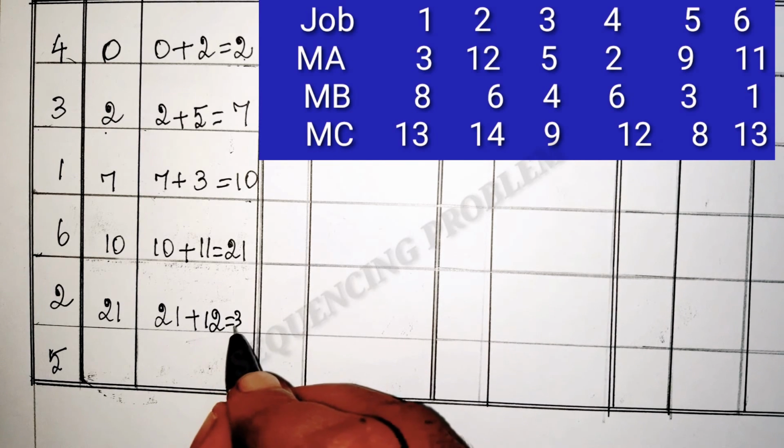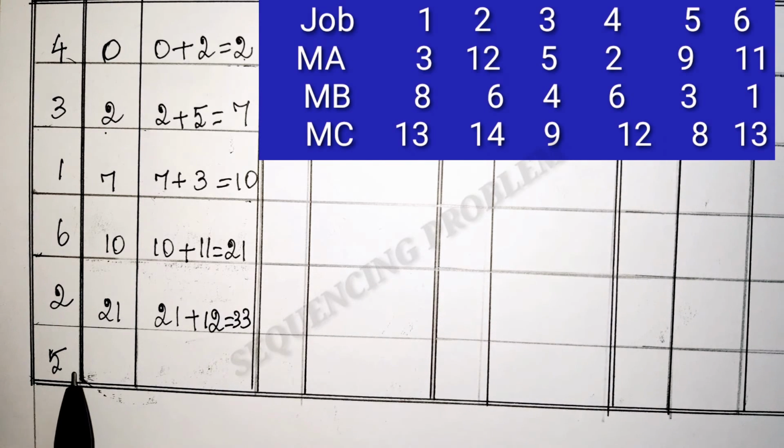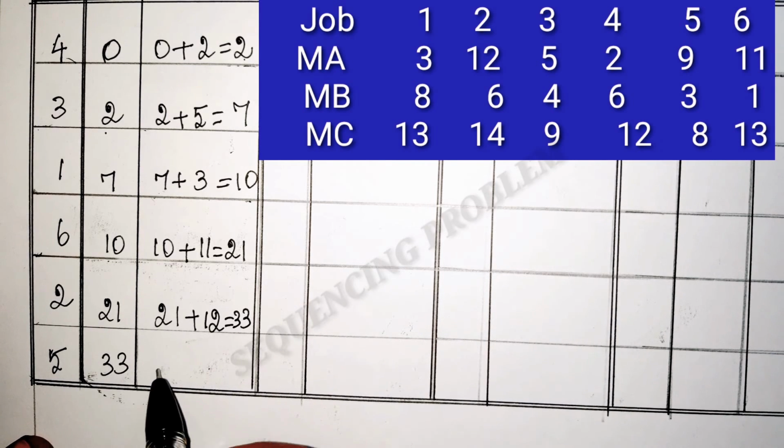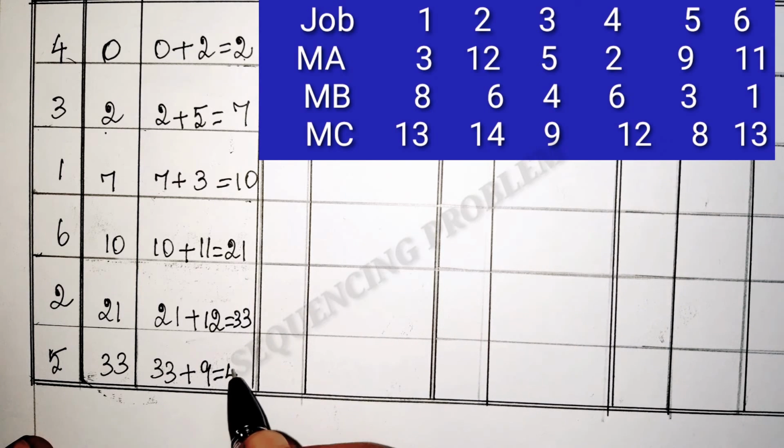So the total is 33. And for job 5, time in is 33, time out is 33 plus processing time of job 5 on machine A, which is 9. So the total is 42. For machine A, time in and time out for all the jobs is over.